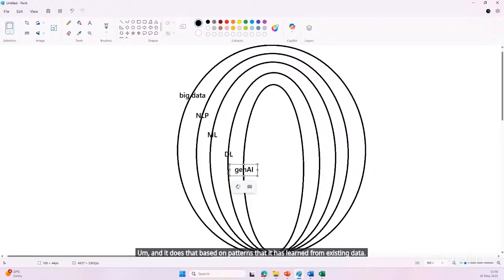What is the existing data? The outlying big data that we spoke about before. So imagine teaching a robot by showing it thousands of paintings. After learning the styles, it can then paint its own original work. That's what generative AI does. It learns from examples and then creates something new that didn't exist before.